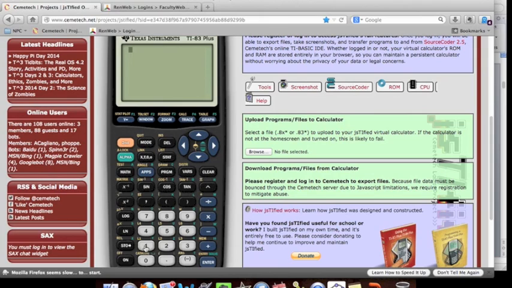So to type this one into the calculator, I'm going to do the 11 factorial, and then divide by, in parentheses, 4 factorial, and then you don't need to type any times or anything like that. The calculator understands that.